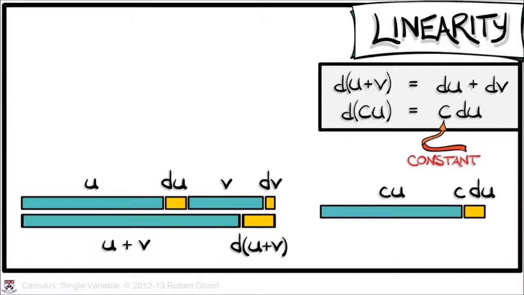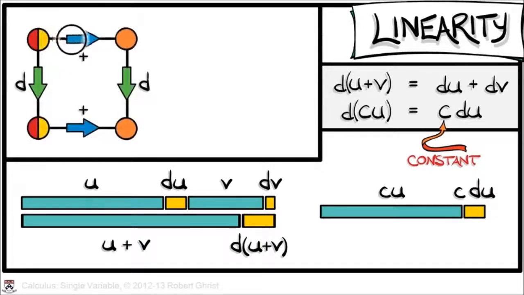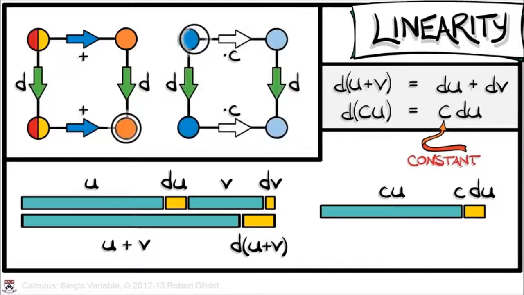There's another way to think about these rules as well. This is a way that I often think about it. If you take the sum of the two functions and then differentiate, it's the same as differentiating the pieces and then adding them together. Or likewise, you can multiply by a constant and then differentiate, or you can differentiate and then multiply by a constant. Whichever path you travel, you will get to the same place.